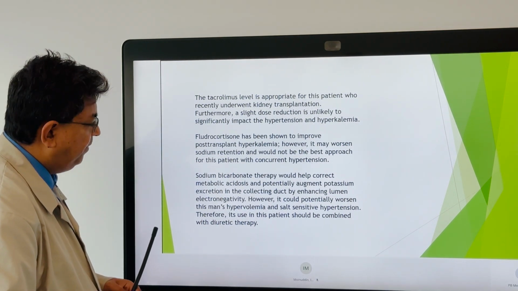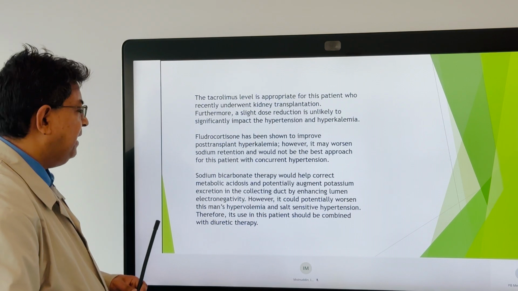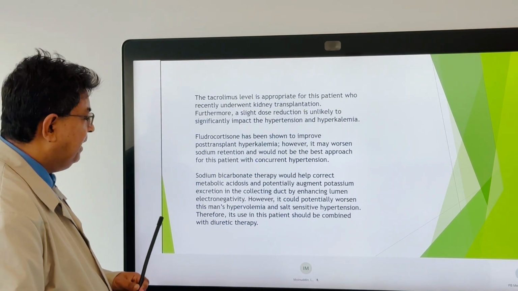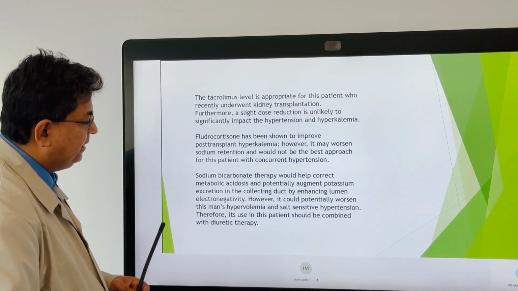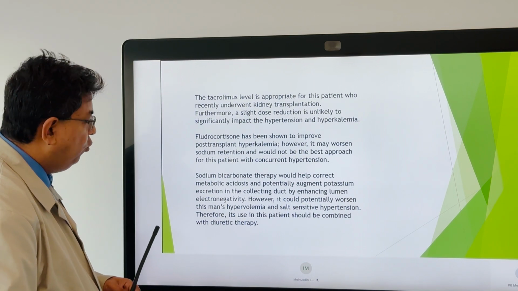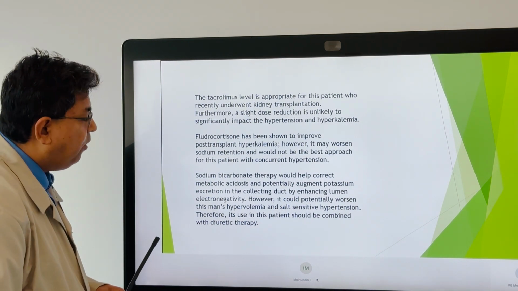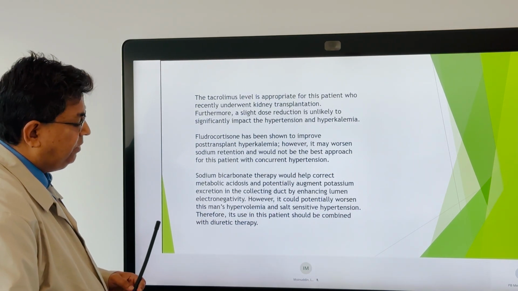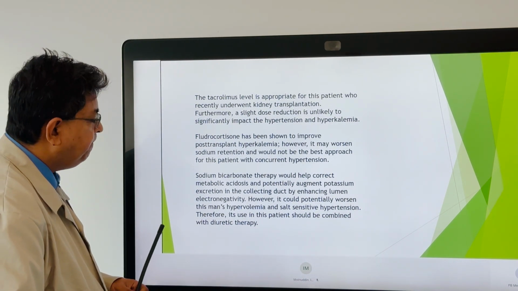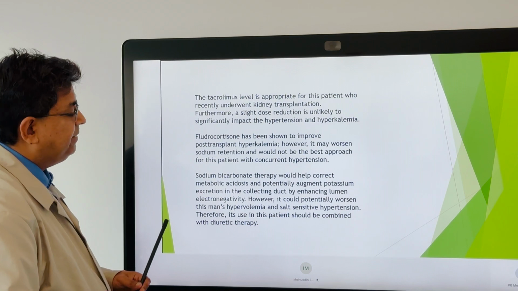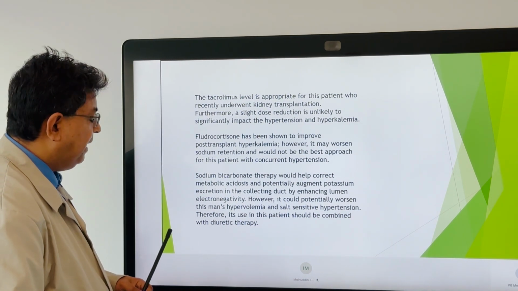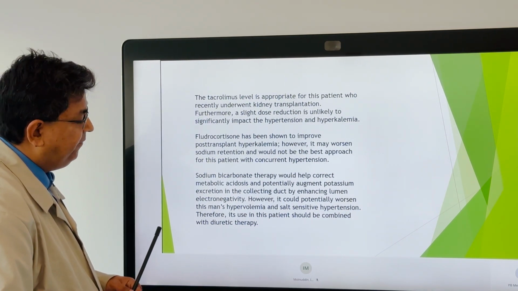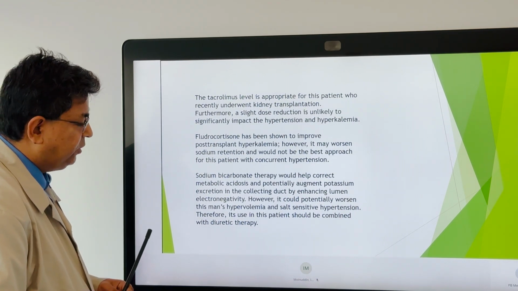Sodium bicarbonate therapy would help correct metabolic acidosis and potentially augment potassium excretion in the collecting duct by enhancing lumen electronegativity. However, it could potentially worsen this man's hypervolemia and salt-sensitive hypertension. Therefore, its use in this patient should be combined with diuretic therapy if such therapy is contemplated.